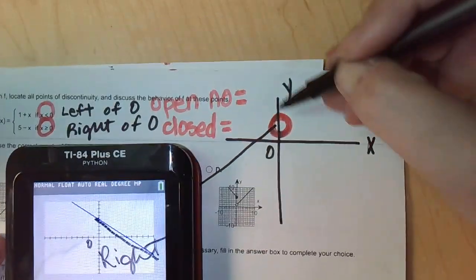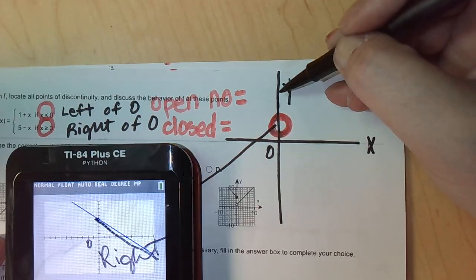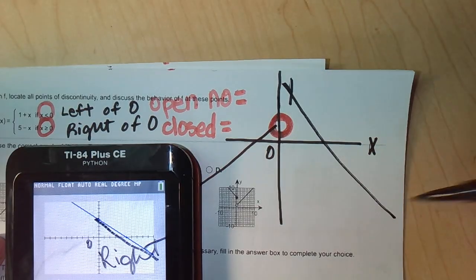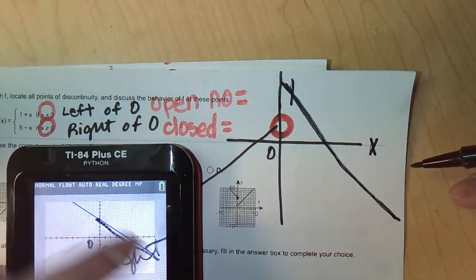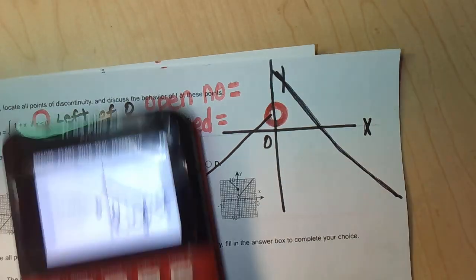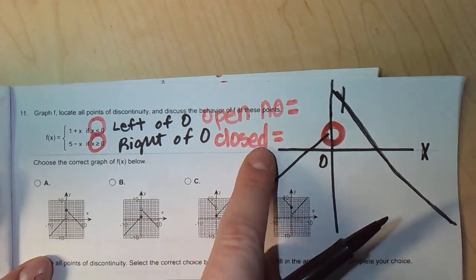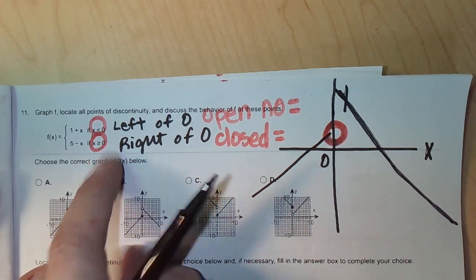Okay, so my graph is going to go something like that. That's that right line that I just drew. Okay, now it's going to have a closed hole because of that equal to on the alligator.